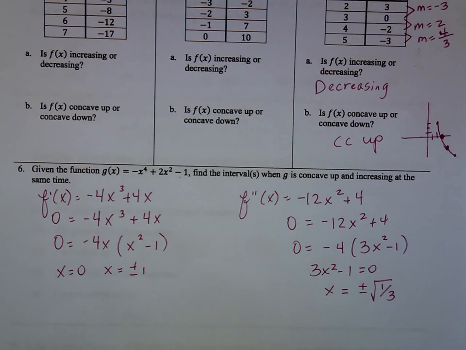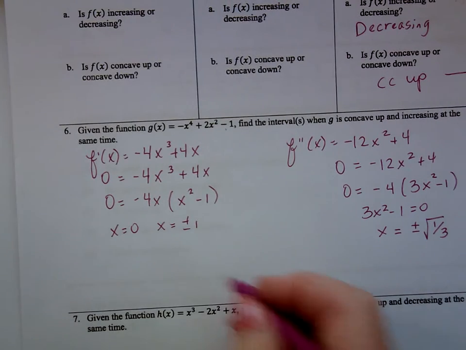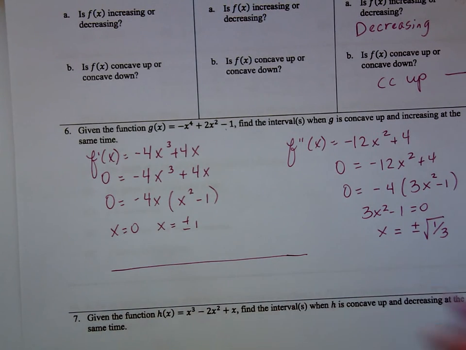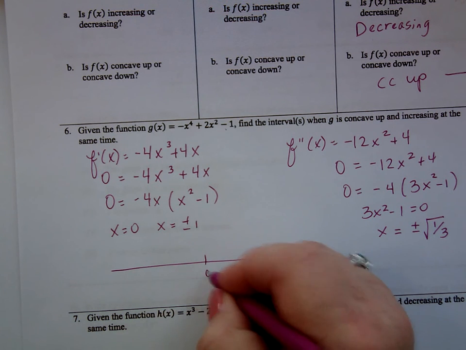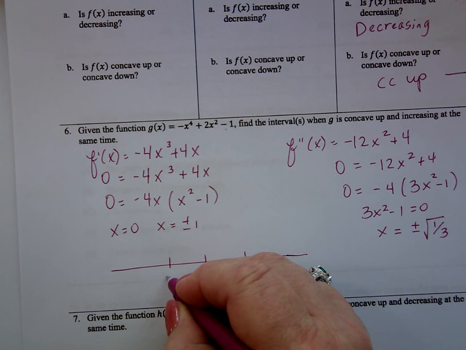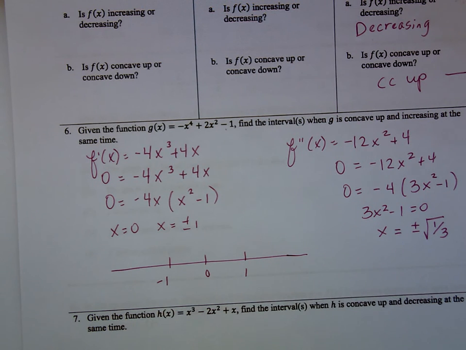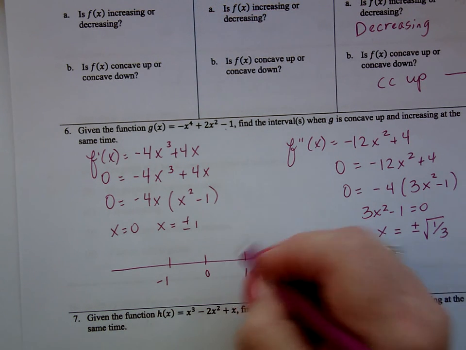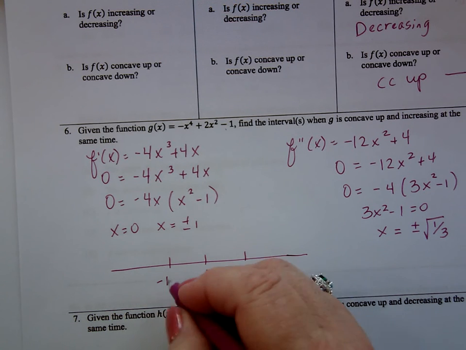Well, that's not very pretty, but let's put our sign chart together. I have a 0, I have a 1, and a negative 1. The square root of a positive 1/3 is going to be in between there. Let me make these my 1/3.